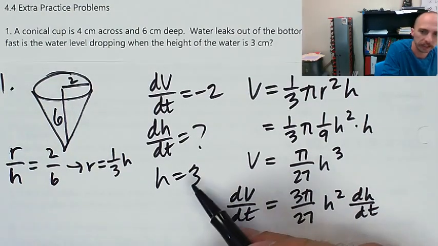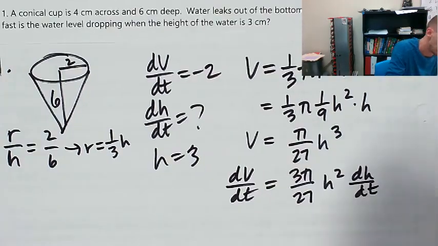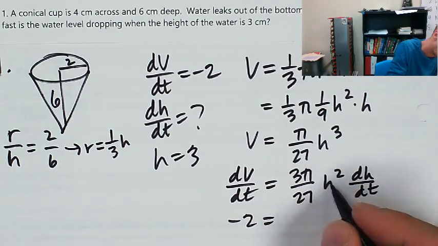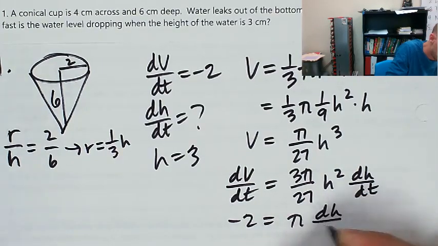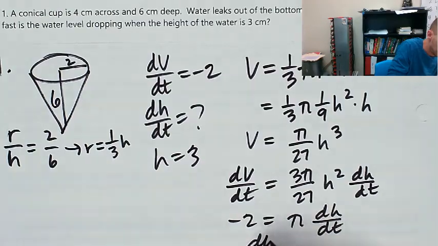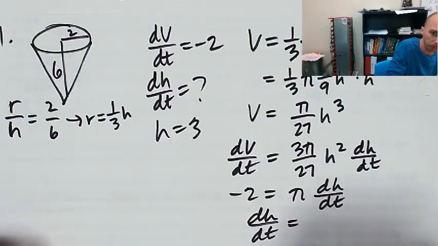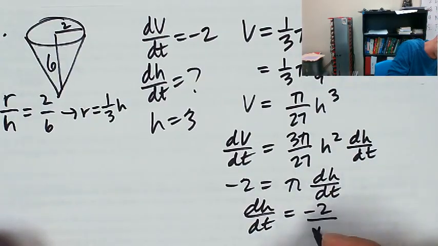And if the height is 3 and dV/dt is -2, 3 times 3 squared is just going to be pi dH/dt, and that means dH/dt equals -2 divided by pi.